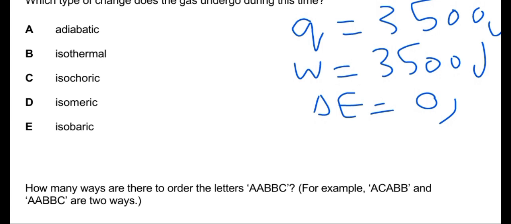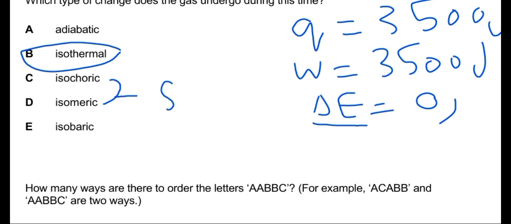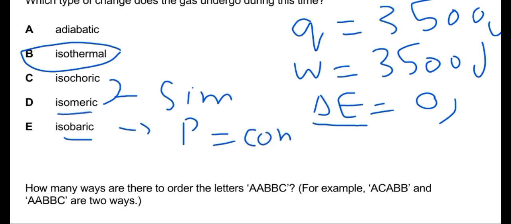This is actually the situation of an isothermal process. But it is important to note that isochoric and isometric are similar terms. In an isobaric process you keep the pressure constant, while in isometric and isochoric you keep the volume constant, so no work is done, while in an isothermal process you keep the temperature constant.